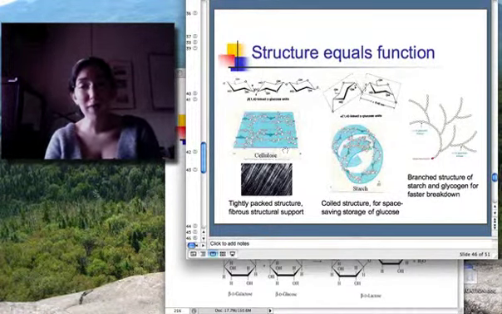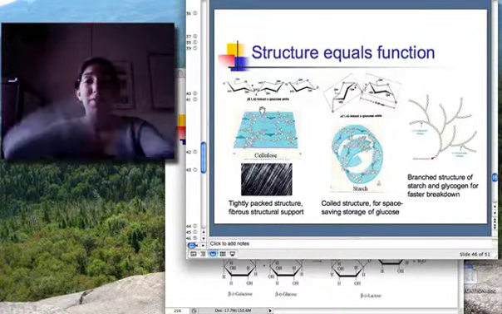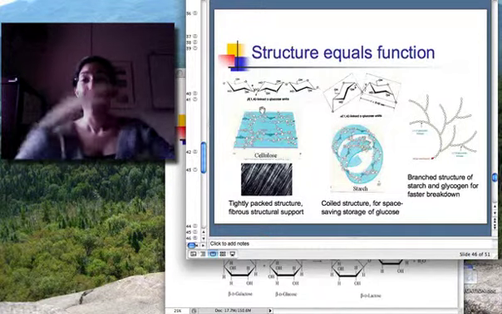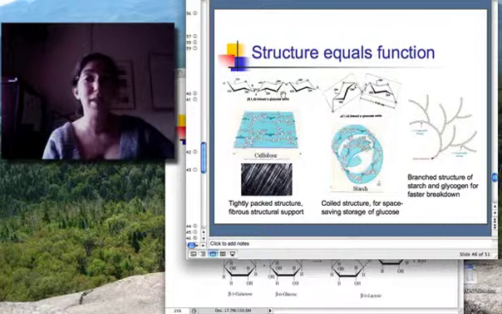So when it comes to cellulose, you have this straight chain that can then fold up and form this very tightly packed, rigid structure, which gives plants a tight, rigid cell wall, a tight structural support system. So the molecule itself is rigid, and it gives rigidity to the plant.